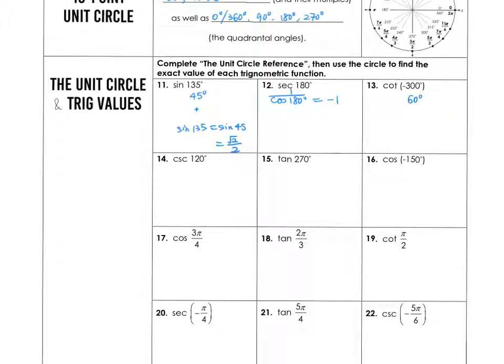Cotangent is 1 over tangent. 60 degrees is in the first quadrant, so we know it's positive. And that would give us 1 over root 3, which is root 3 over 3. That's the final answer.